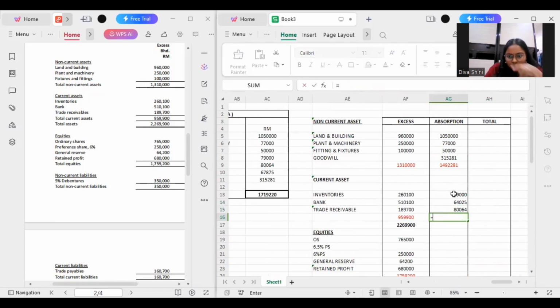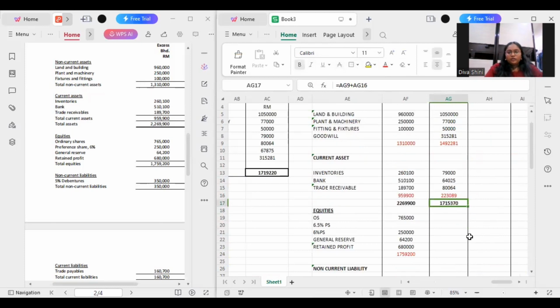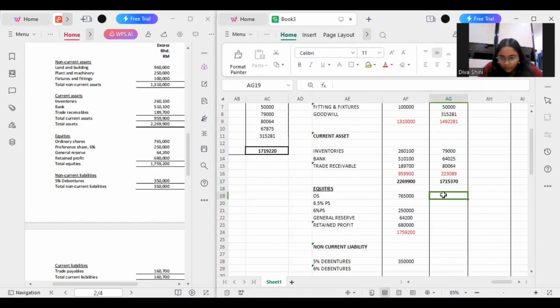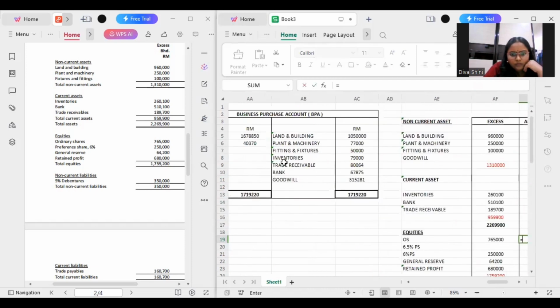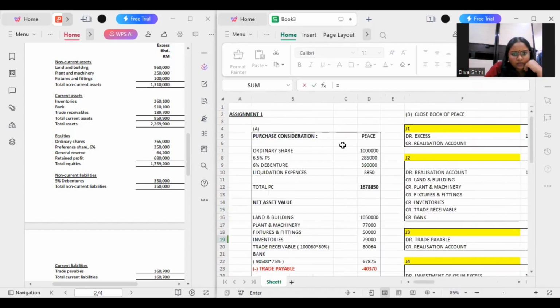So for now, add everything, and then we need to plus this 2, and the amount is 1,715,370. So after that, we need to get it from here to make the account tally. So for this OS share, we need to take from goodwill, ordinary share.